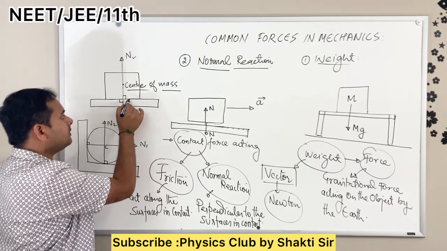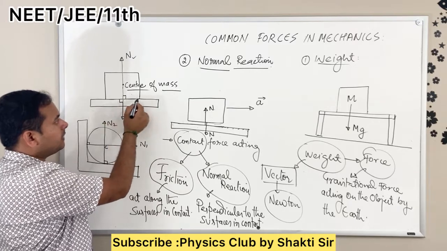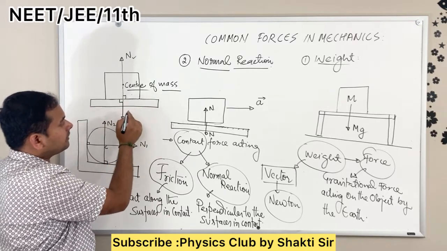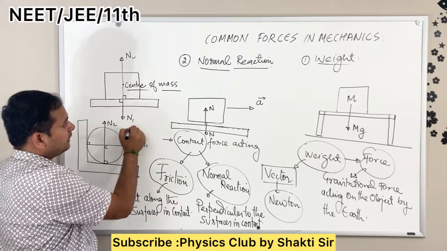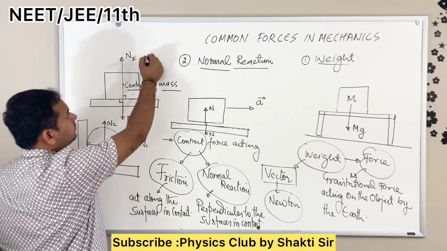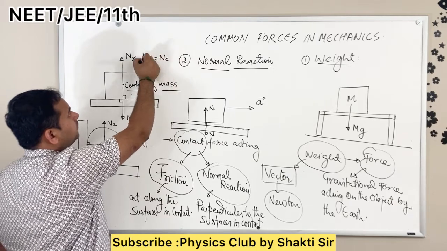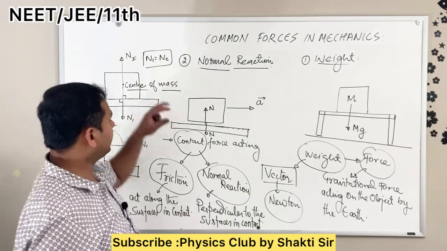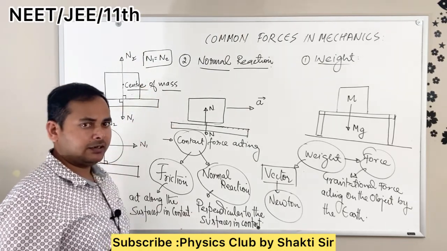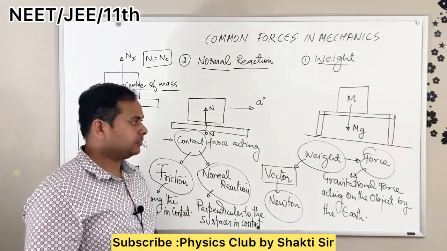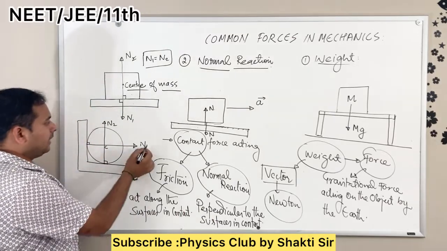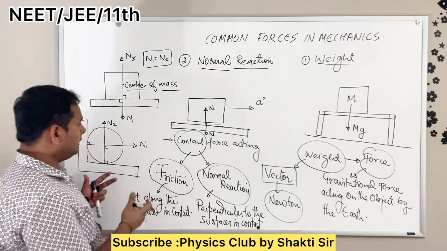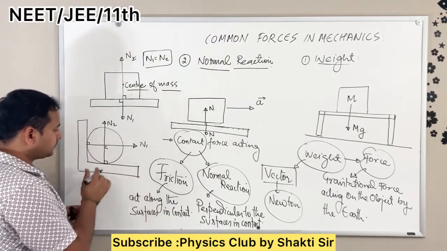As this is a common surface, the normal reactions generated have equal magnitude. So here N1 equals N2 in magnitude, but directions are opposite. One is directed upward and the other downward. In the ball situation, the magnitudes of N1 and N2 may be equal, but their directions are perpendicular to each other.